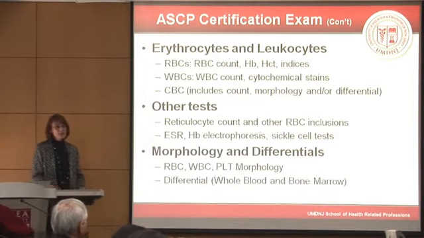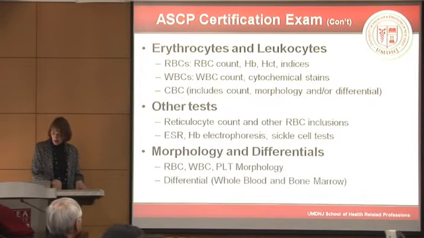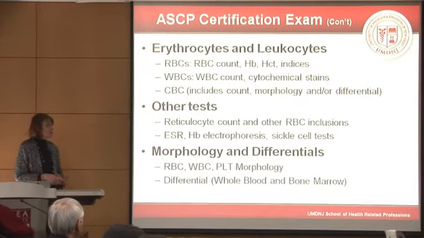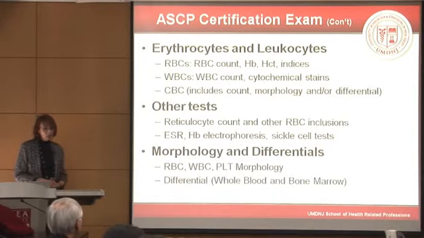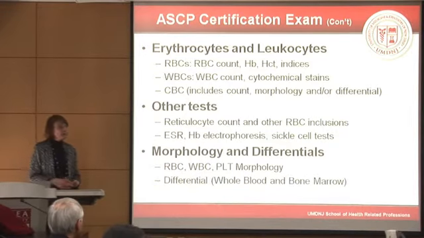So this is from the ASCP website, which covers the content of the exam. Basically, erythrocytes and leukocytes are one section. Obviously, they'll be covering a red count, hemoglobin, hematocrit, indices, white count, and cytochemical stains, and the CBC, including the morphology and the differential.